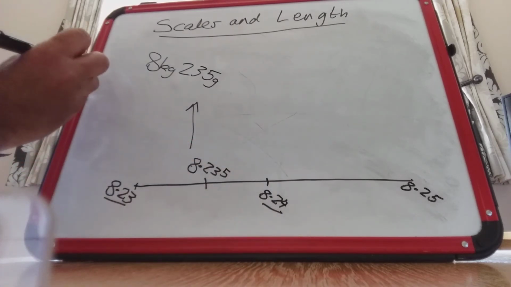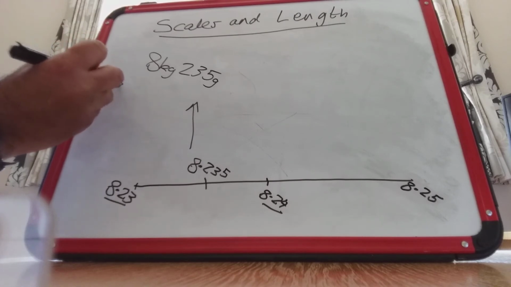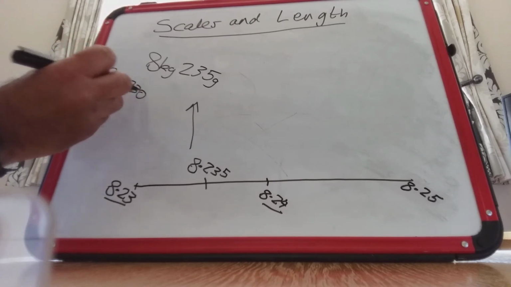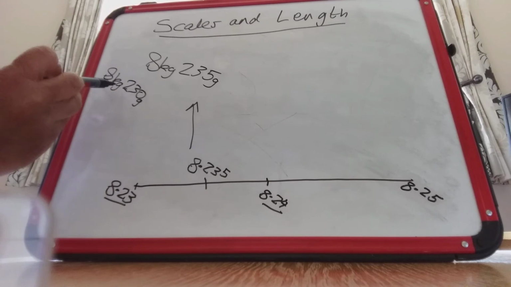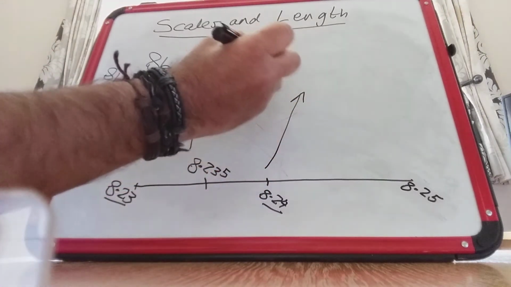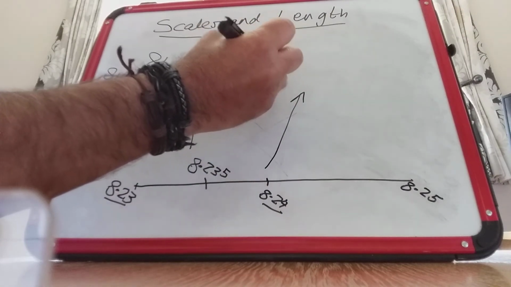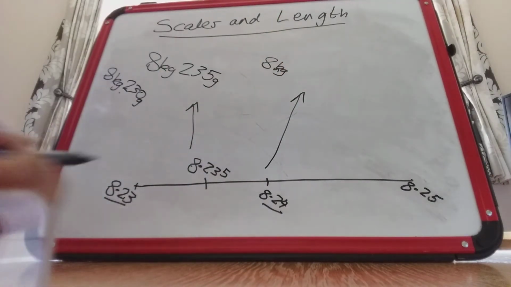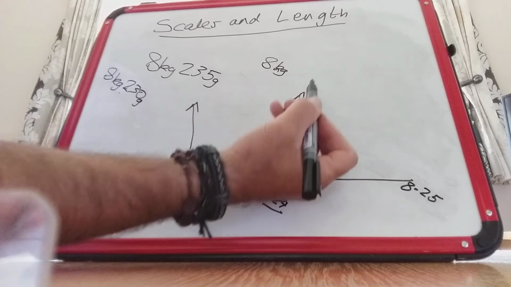And 8.23 is 8 kilograms and 230 grams. So that's 230. And this would be 8 kilograms and 240.